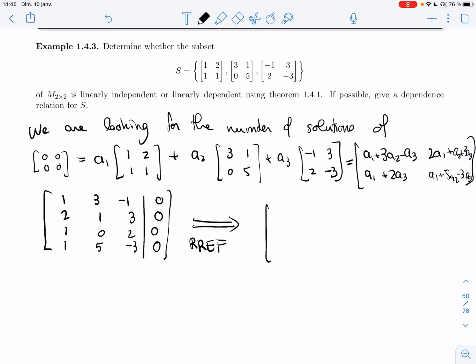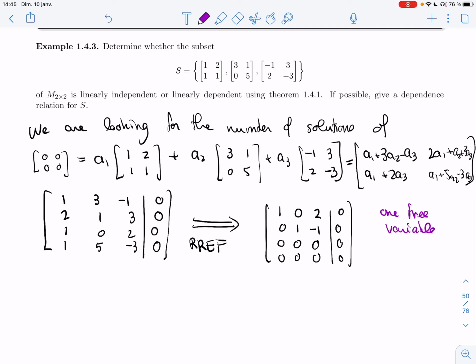I got 1, 0, 0, 1, 0, 0, 0, 0. So far so good, but the third column gives me no leading one, so I do have a free variable. So that means infinitely many solutions.